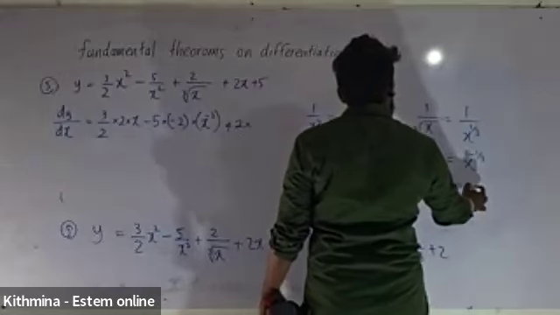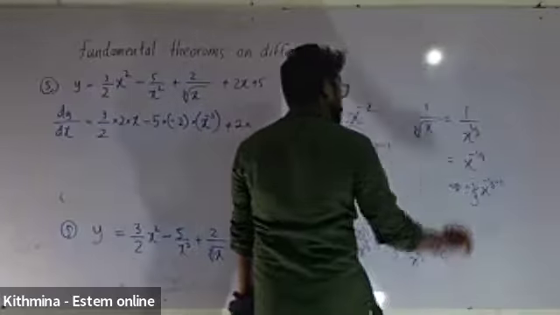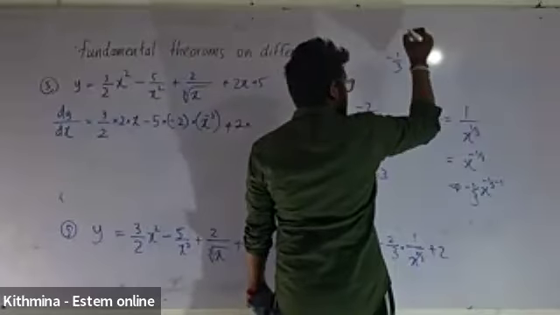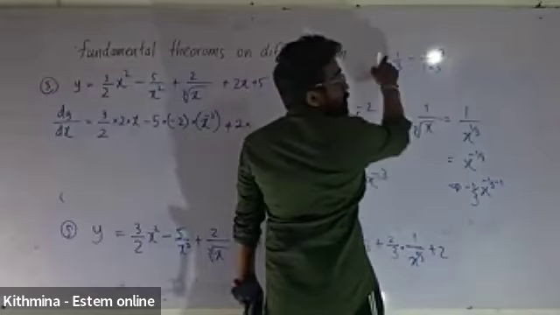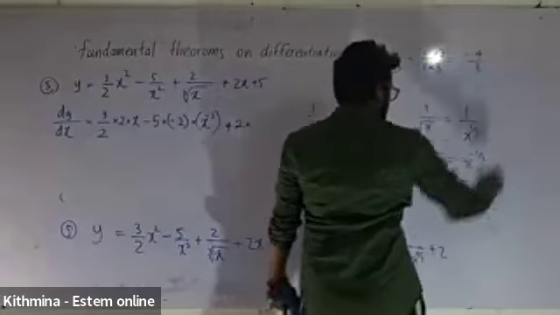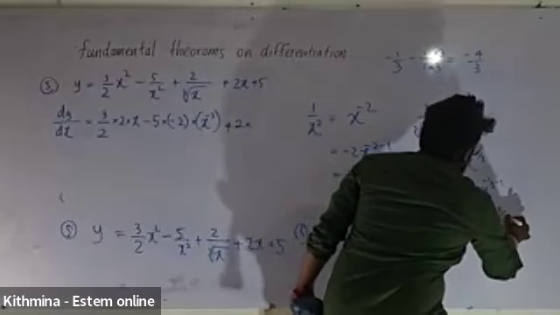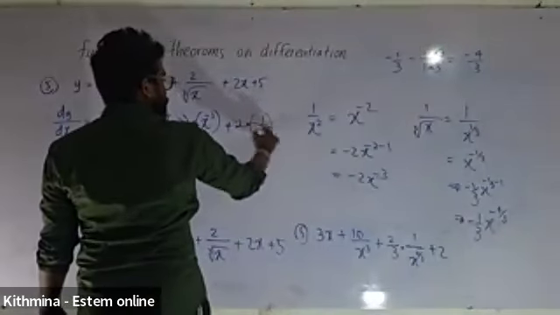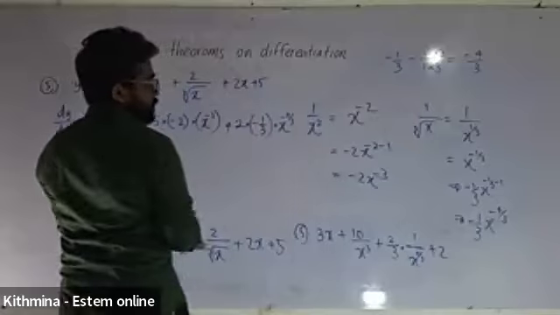The differentiation is minus 1 over 3, minus 1. Common denominator, minus 1, minus 3. It is minus 4 over 3. Minus 1 over 3, x to the power minus 4 over 3.